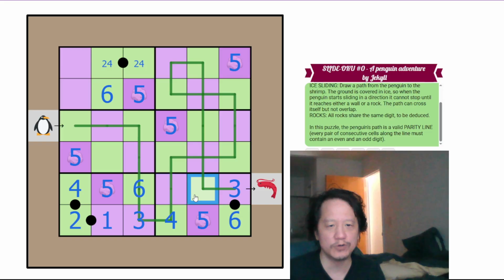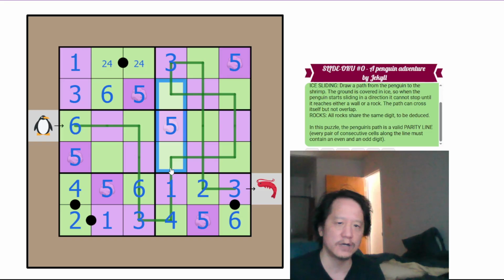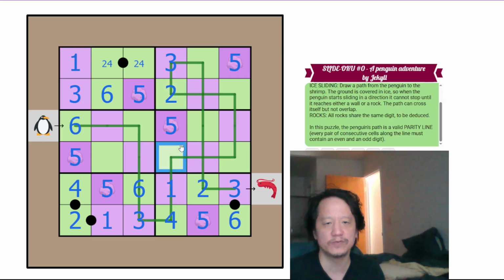Remaining digits here are 1 and 2. Pink is 1. That's 2. That leaves that as 3. This is 1. This is 3. That leaves that as 6. 2 and 4 are there. Remaining digits in column 4 are 2 and 6. This can't be 6 because of 6 in the row, so we have 2 there, 6 there. Remaining digits in row 2 are 1 and 4. That's 1 and 4, since that's pink.